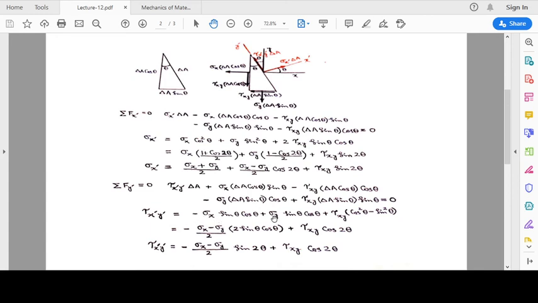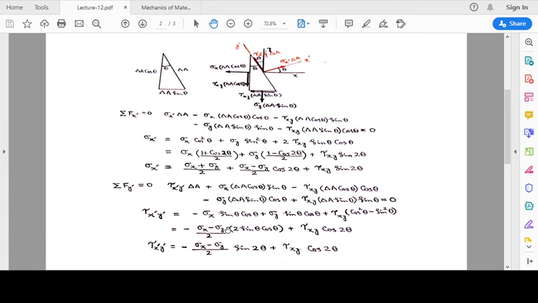Now we can just take minus common here, and we can divide and multiply by 2, so that we can use the relationship 2 sine theta cos theta is equal to sine 2 theta. So we have taken negative common, so this becomes sigma x minus sigma y into sine theta cos theta, and we are dividing this by 2 and multiplying this by 2.